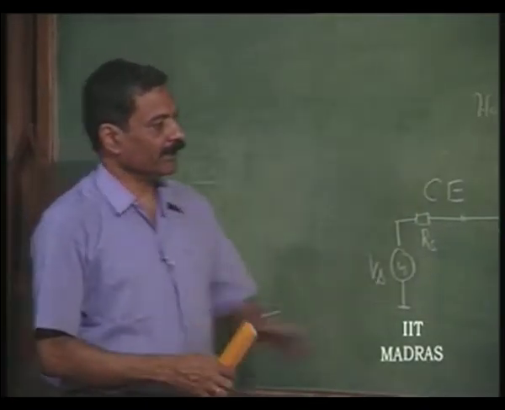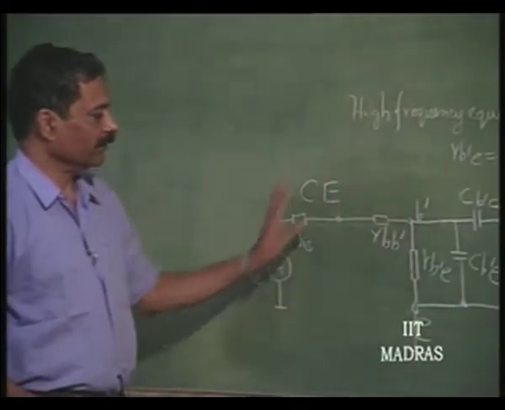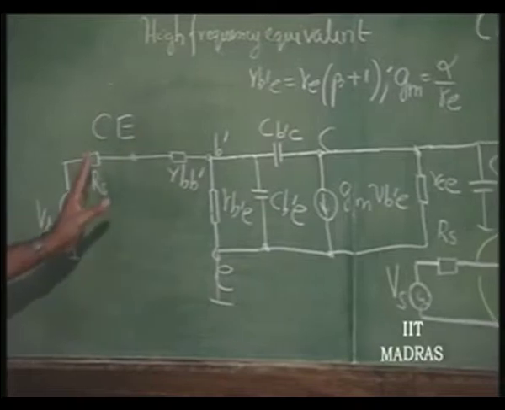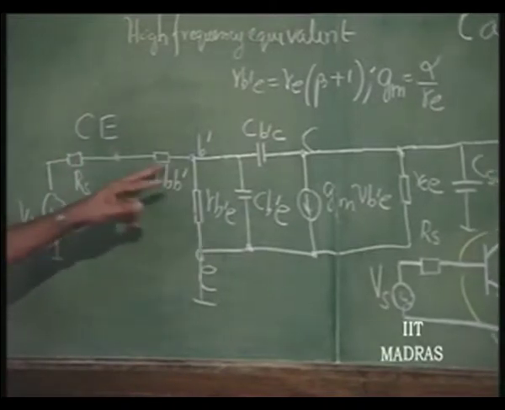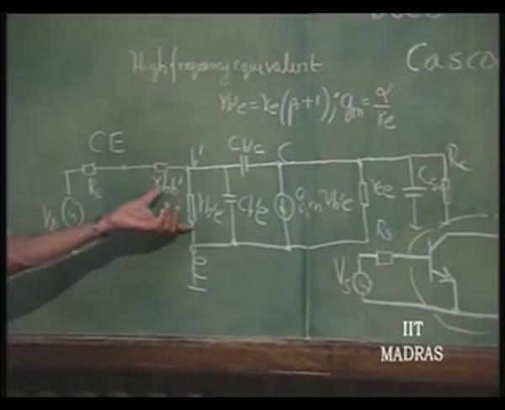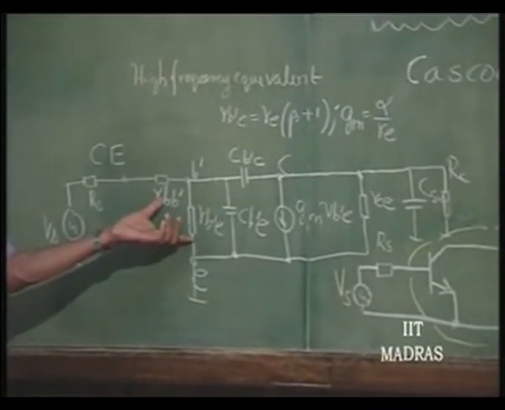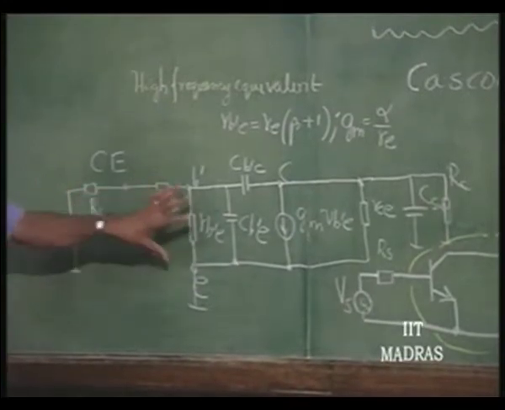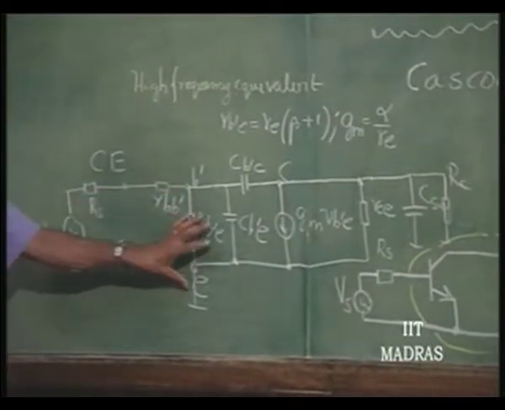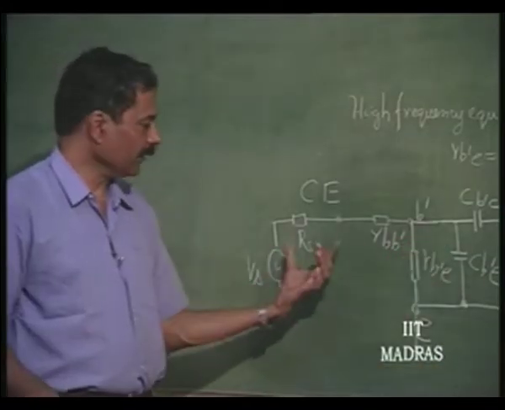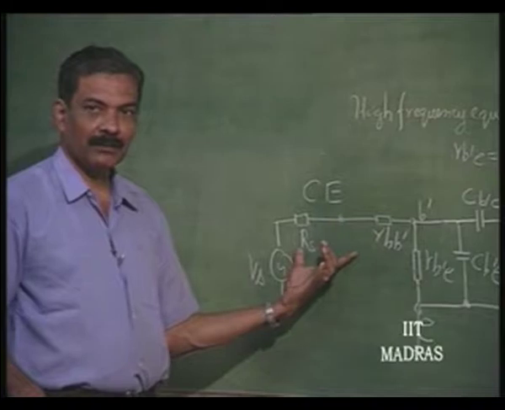So, if you forget these capacitors, let us look at only the low frequency equivalent. RB dash E comes in series with RBB dash. So, it is essentially RB dash E itself, okay, totally, and that comes in series with RS. So, the gain gets reduced here to a certain extent by RB dash E divided by RB dash E plus RS plus RBB dash.